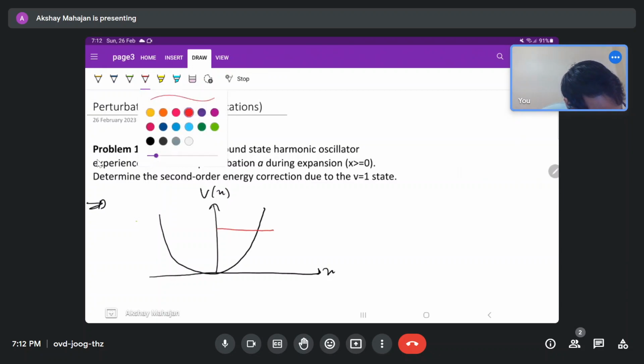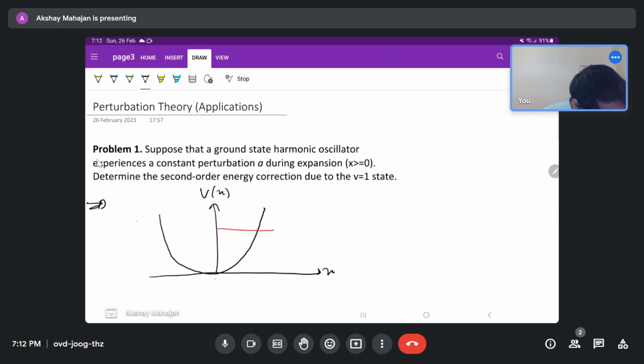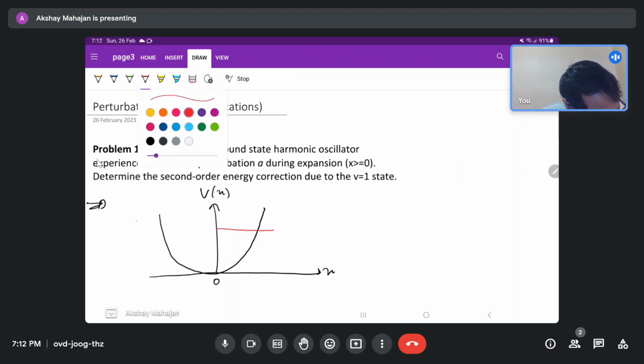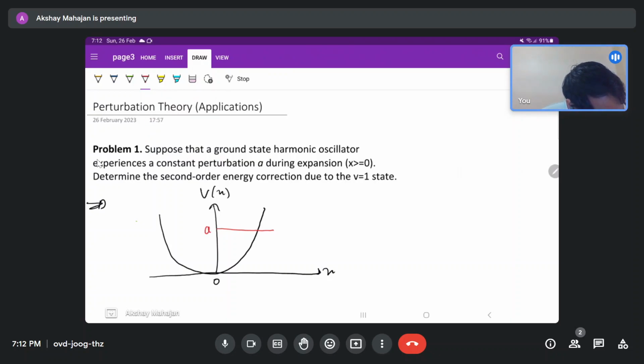This is our origin 0. After that we are providing a perturbation here which is of magnitude A. This is a constant external potential that we have given. So this is our problem, and we have to determine the second order energy correction due to this on the v equals 1 state.